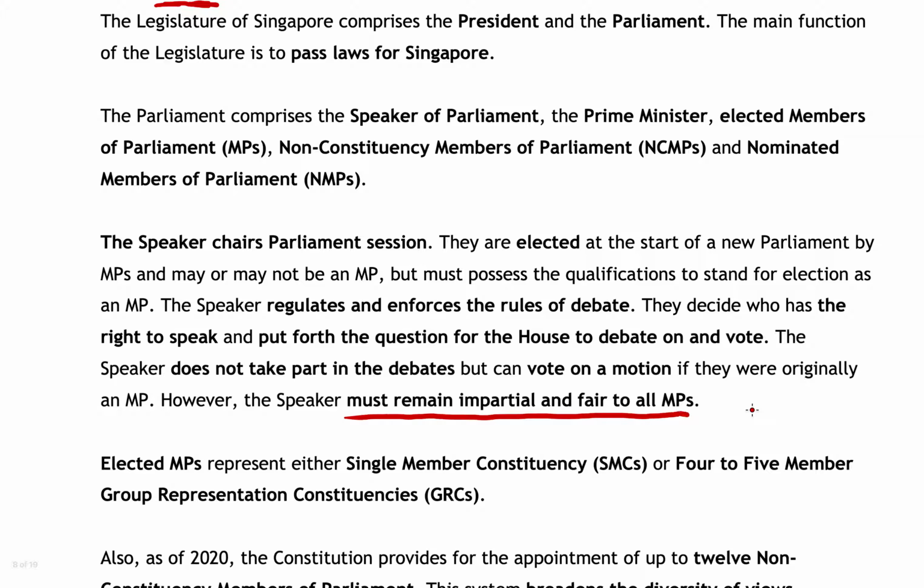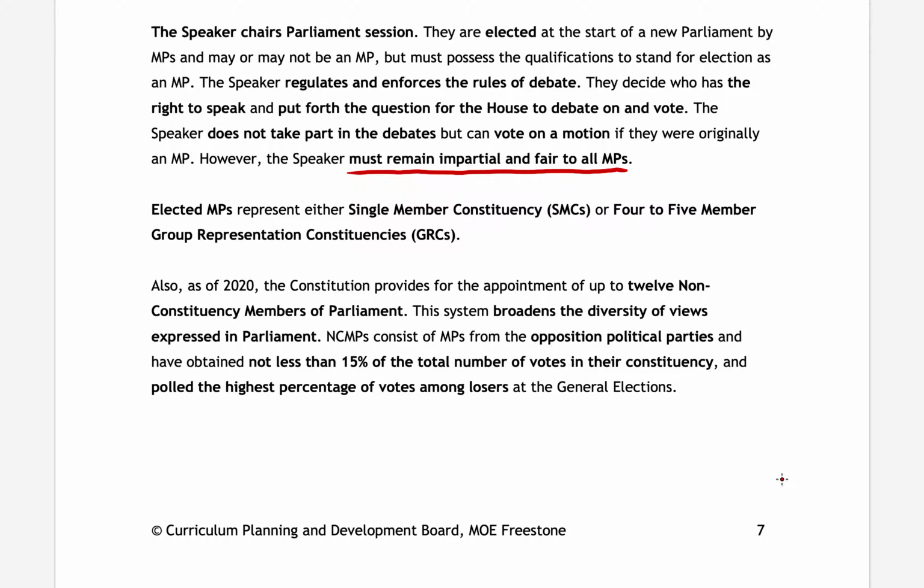Elected MPs are the people you're more familiar with. Usually you have your own MPs. I'm sure you know your own MPs. These are the people that you see running for election. I'm sure you know your constituency, hopefully. They come from SMCs or four to five member GRCs.